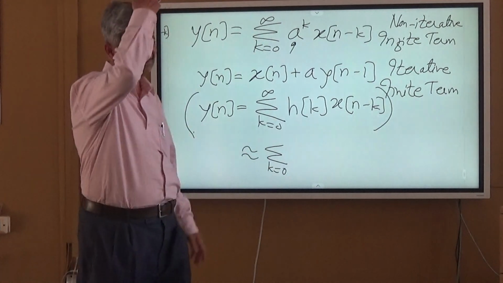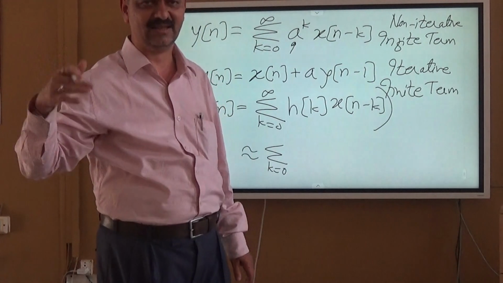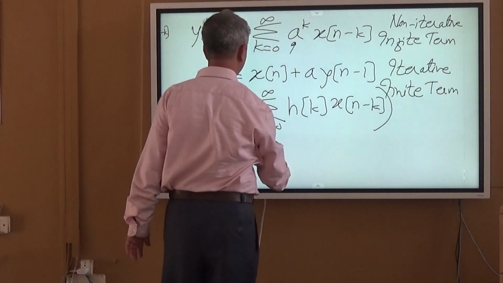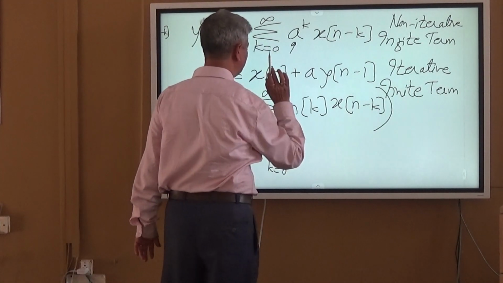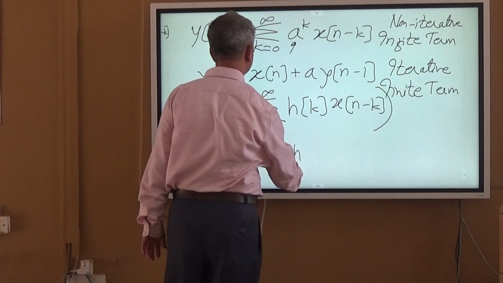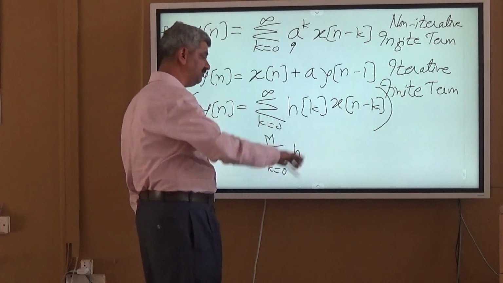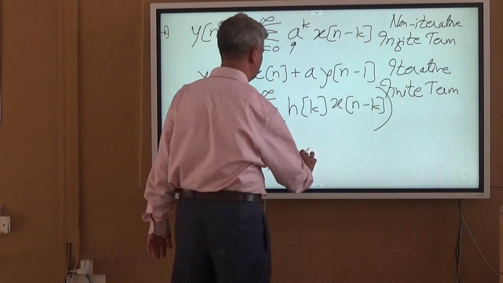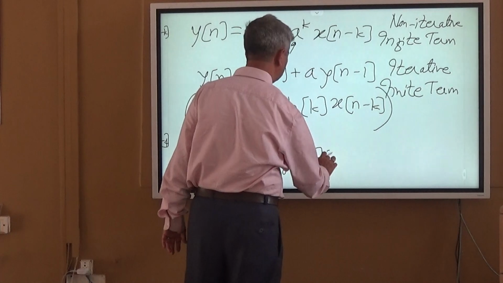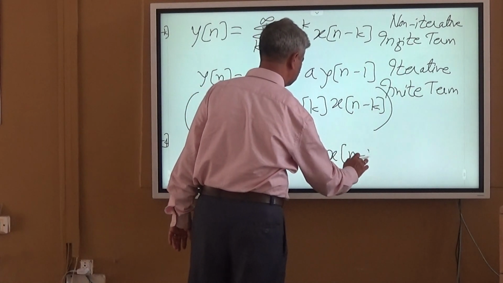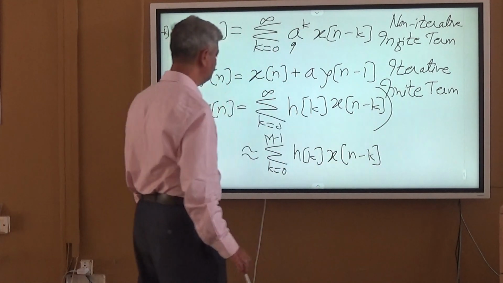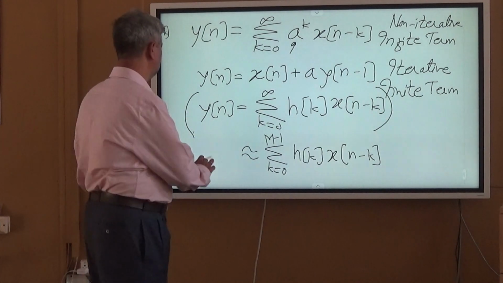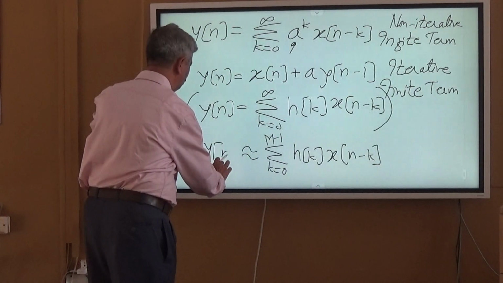Just like, I remember only the last year, the previous I forget. So with m terms in total, there are m minus 1 previous terms, h k x of n minus k. So this is finite previous terms. In general there are only two types.